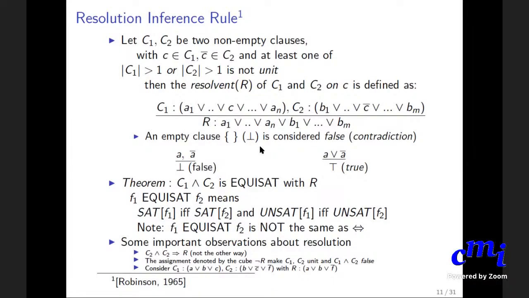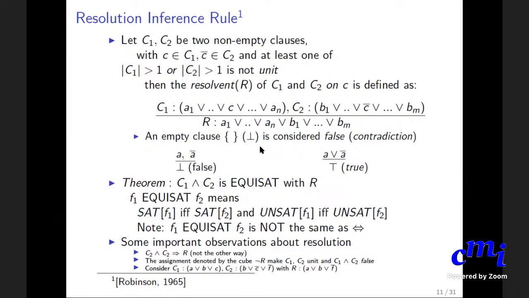The other thing is, because this implication holds, not R implies not of C1 and C2. When you take the negation of R, it becomes a cube. It determines a particular assignment to the set of literals listed here. If you plug that in, it will make C1 and C2 false.